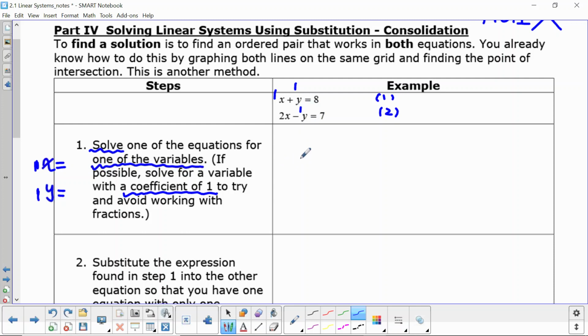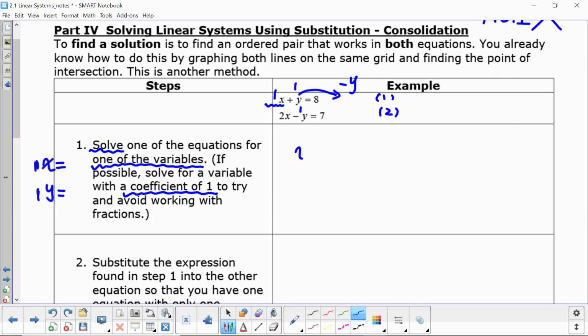So for this one, I may want to isolate the 1x. You could isolate y. In order to isolate 1x, we just move the y to the other side by doing the opposite operation. So plus y moved to the other side will be minus y.